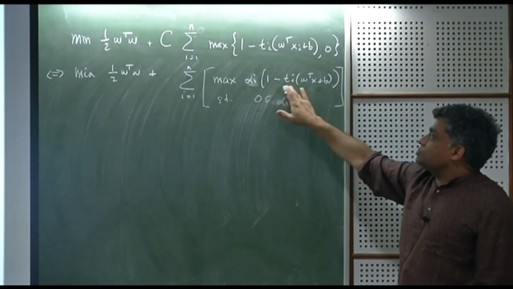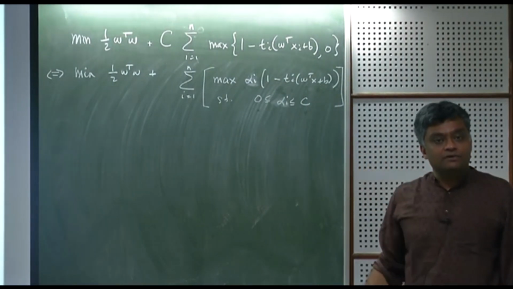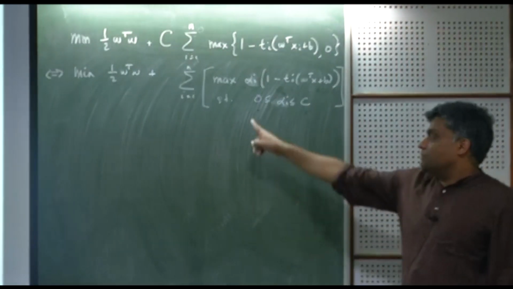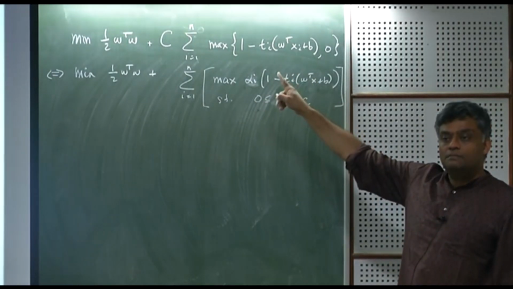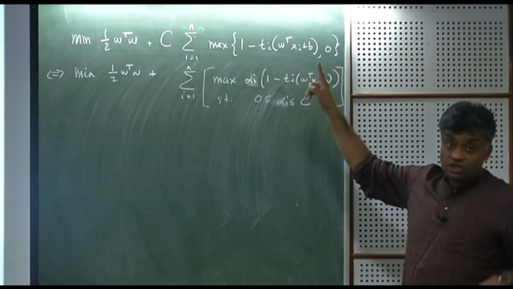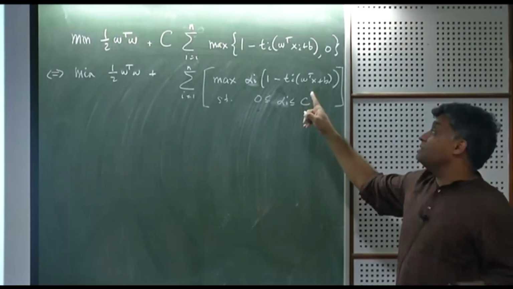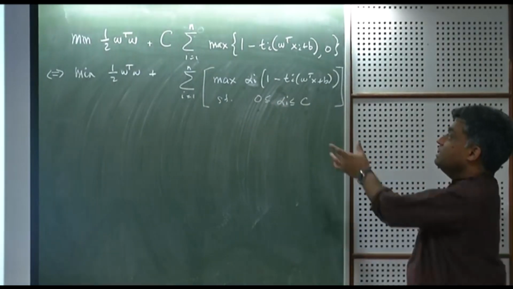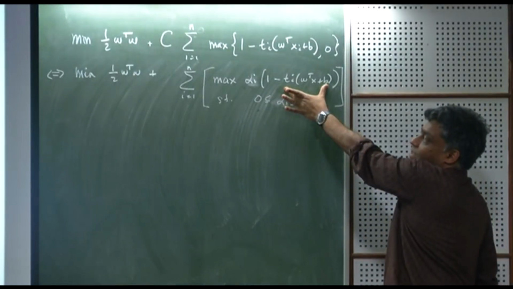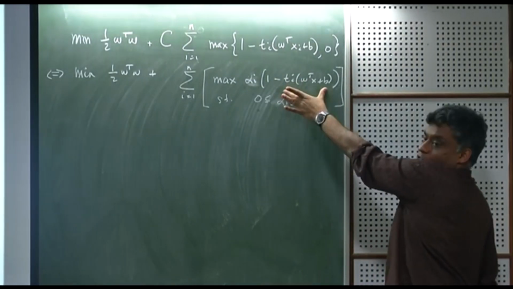If on the other hand this quantity is negative, what will I choose my alpha to be? 0. So what is the optimum value of this optimization problem, regardless of what's going to happen? If this quantity is positive, the optimum value is going to be C times this quantity.